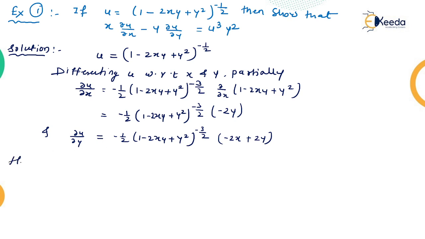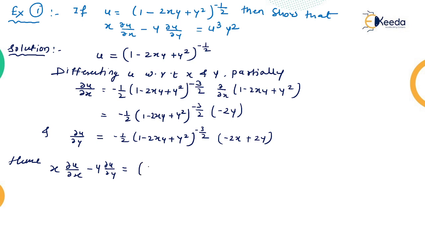Hence, for the LHS I have to write x ∂u/∂x minus y ∂u/∂y. So we have to multiply equation 1 by x only, guys, and ∂u/∂y by y.